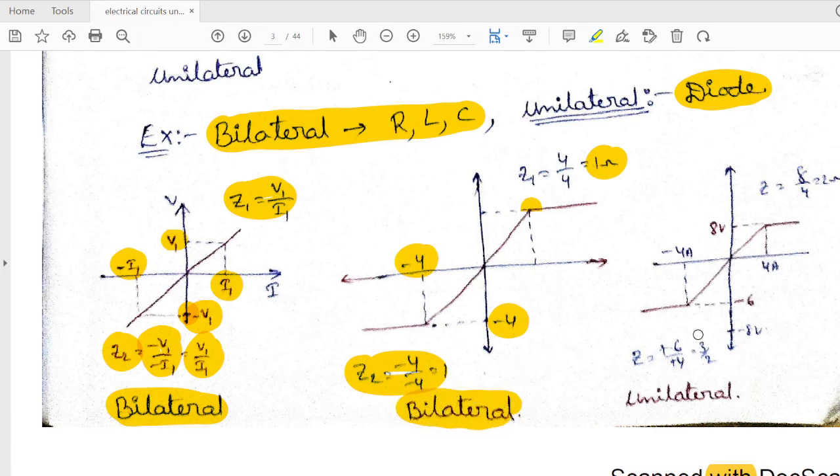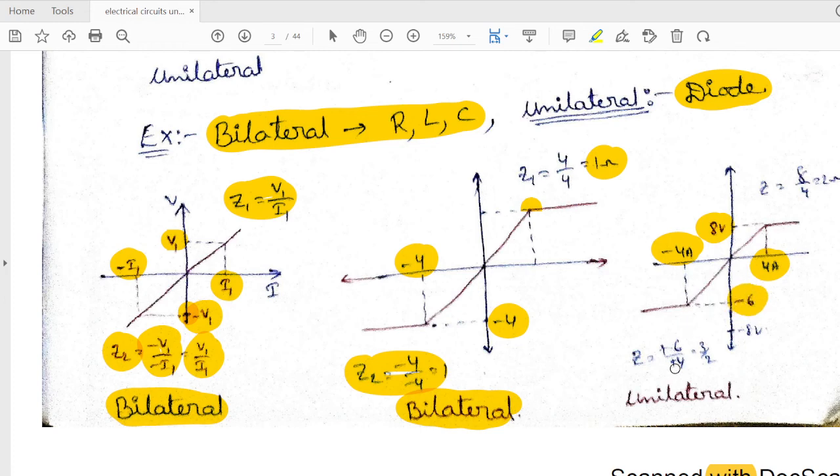Now you see, for example, I am taking different voltage magnitude here, 8 volts at 4 amperes during one direction. So if I reverse the direction of current, the current becomes minus 4, and I have changed the polarity of the voltage, but the magnitude is minus 6 here.